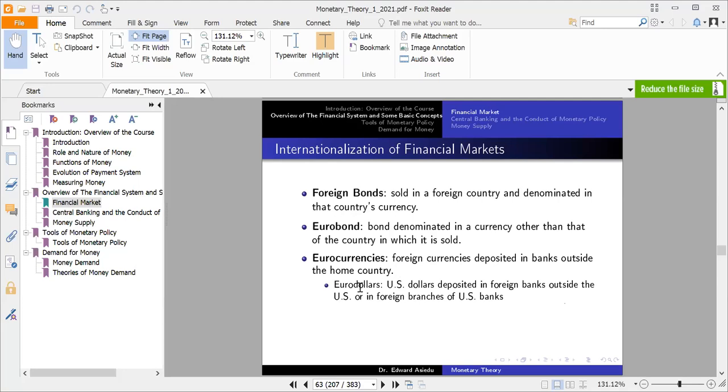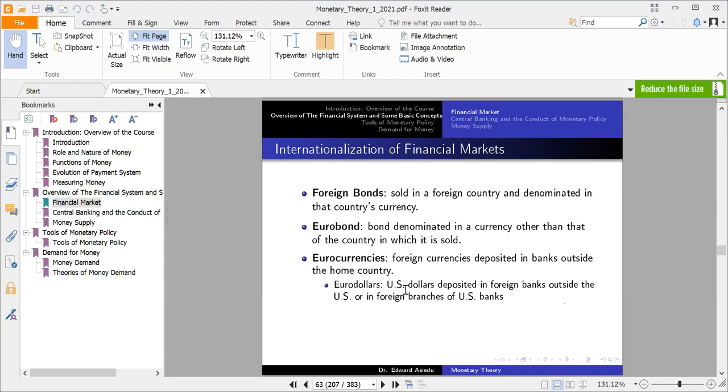But in the dollar case, you can have the Eurodollar, which is US dollars deposited in foreign banks outside the US. So the US can put some US dollars in Europe for transactions in Europe, or they will send it to their bank branches in Europe.